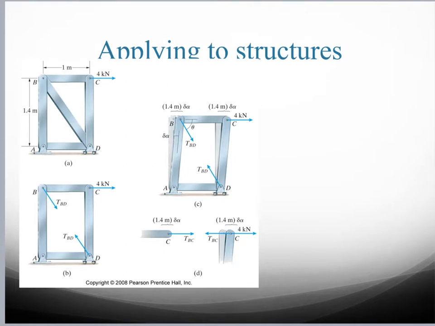Okay, so we can also look at a structure and imagine a virtual displacement. For instance, in this picture, we have sort of a truss-like picture. And we're going to imagine we have some sort of virtual rotation around the joints at A and D, so that you can see in this picture everything is kind of going off to a corner.